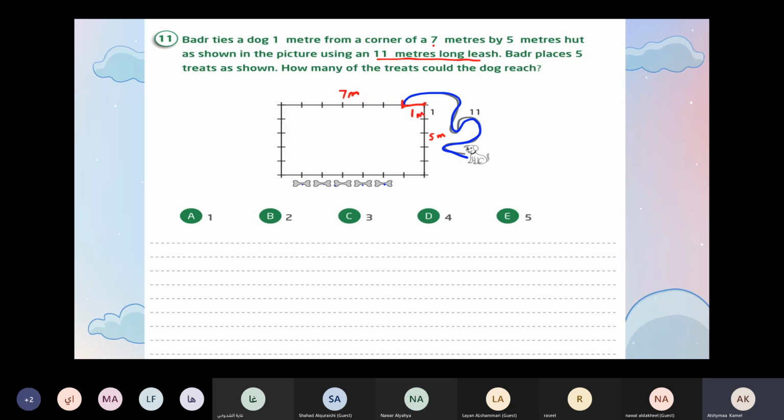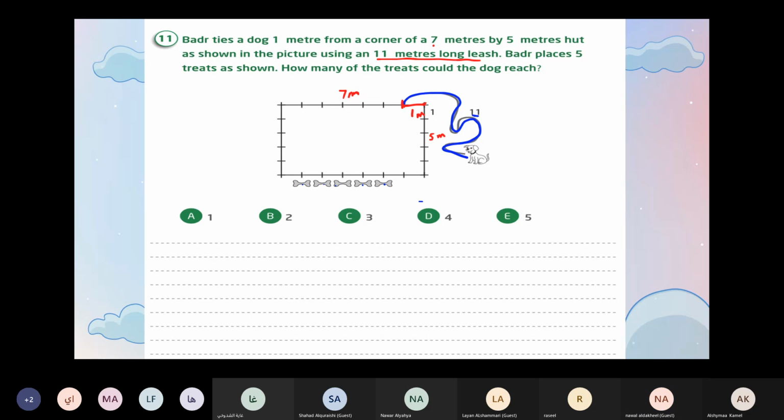If the dog wants to reach the treats on this side, he cannot move longer than his leash. His leash is 11 meters. So when the dog wants to move to the treats, he will reach how many treats?